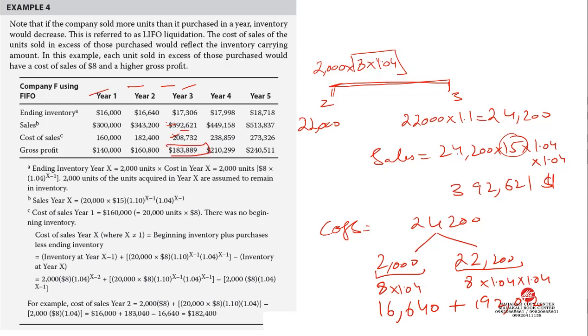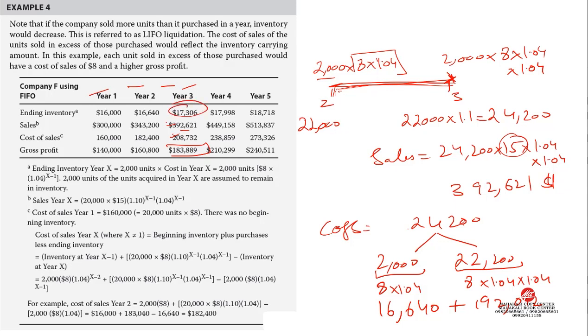And as far as ending inventory is concerned, out of this 24,200, 2,000 was coming from here, and 22,200 was coming from whatever purchase we made at this point, and we are left with 2,000, and the purchase price of this 2,000 would be 8 into 1.04 into 1.04. So 2,000 into 8 into 1.04 into 1.04 is 17,306.